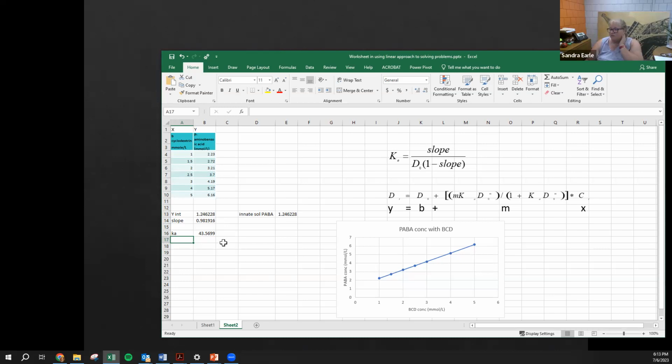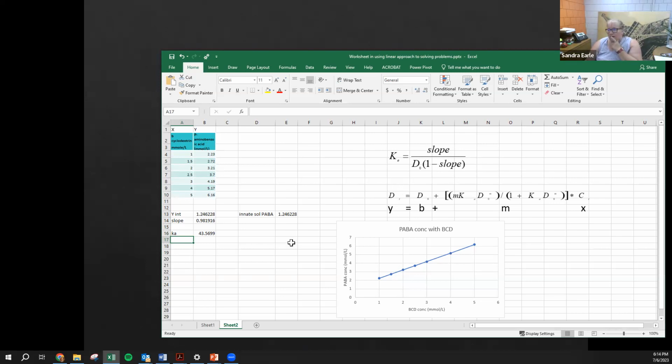So what's the power of this now? Well, there's lots of power. We can compare the two drugs, like I said, as far as affinity goes. We can also determine how much beta cyclodextrin we need. Let's say we wanted to have a para-aminobenzoic acid concentration of 10.